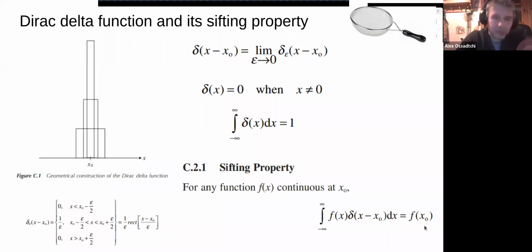It's only in school that you say it's f of x0. In higher mathematics you can't do that, because nothing will work. In order to compute the value of the function at the given point, you have to take this integral. You have to measure the value of the function. This is the process of measurement, like it or not.